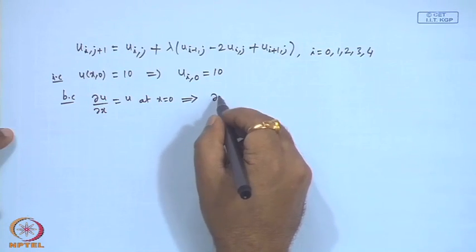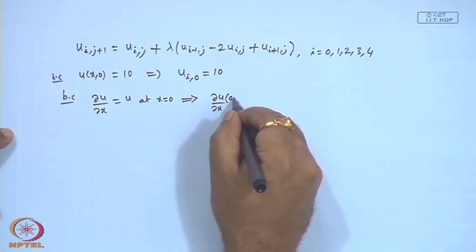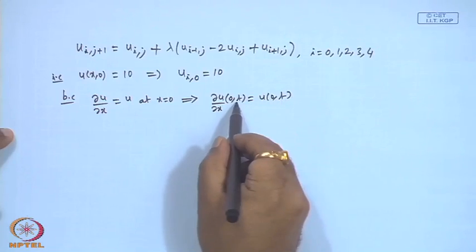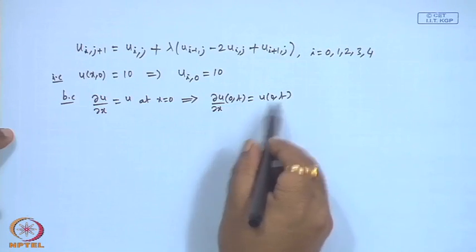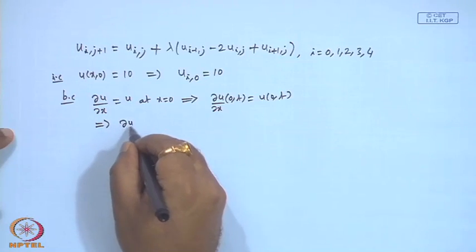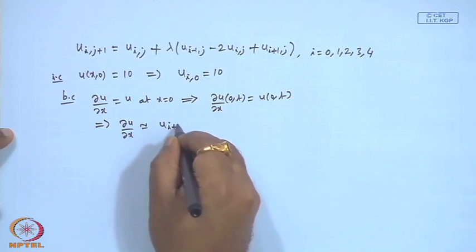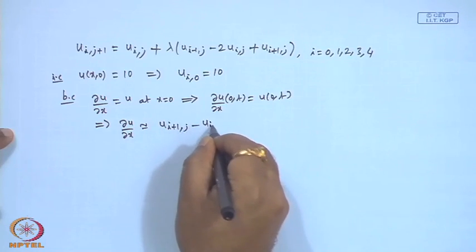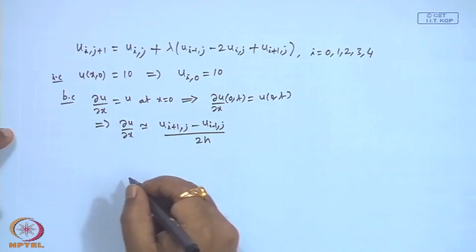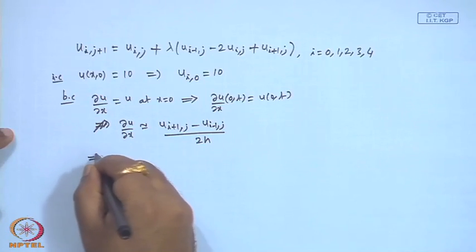So, if you discretize, see this is dou u by dou x at 0 comma t, so we have to write at all j. So, this will be, let us approximate this by two h. Okay. So, this is a discretization we are considering.